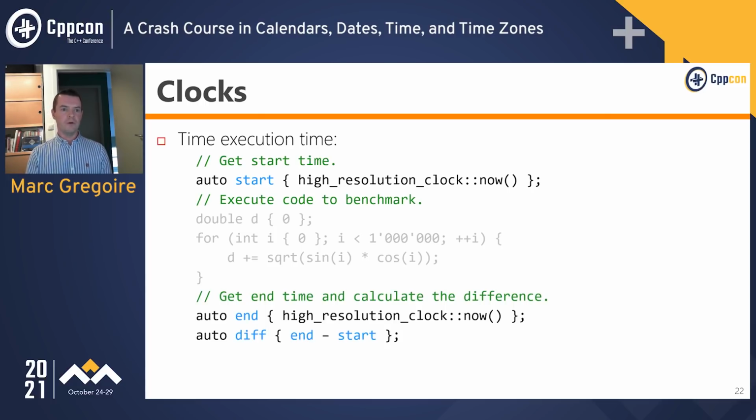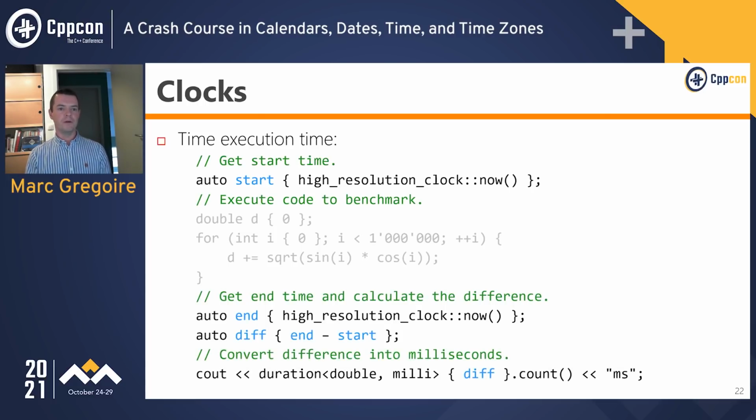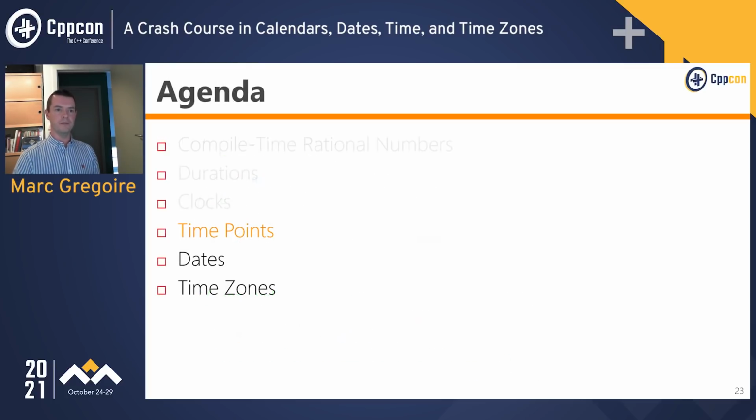At the end of your code execution, you retrieve the high resolution clock again and calculate the difference. Then you can convert this difference, for example, into milliseconds. We are using, again, the SI predefined alias, and then you have the time it took to execute this piece of code.